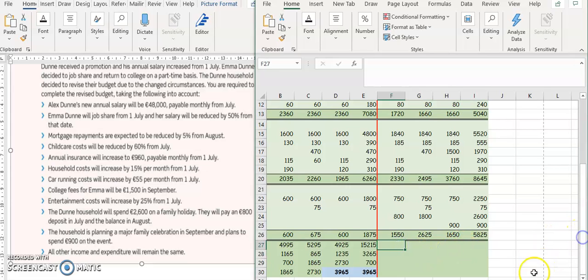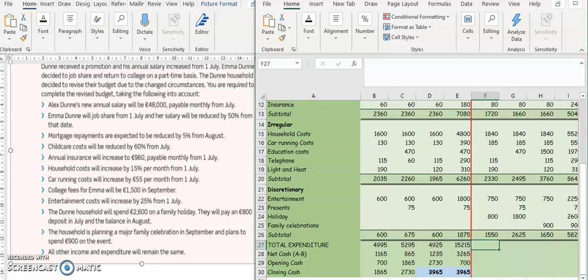Remember, your total expenditure is your subtotal for each one of your expenditure types. So the subtotal for fixed, subtotal for irregular, and the subtotal for discretionary. So in here, subtotal for fixed is 1,720 plus 2,330 plus 1,550. And you're going to do the same for July.